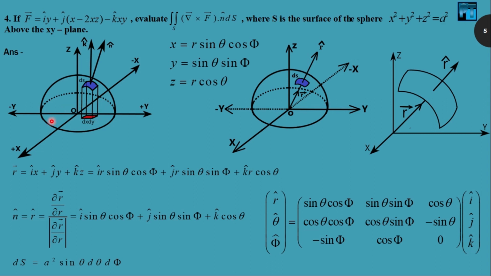That will be a tough one for calculation, and this one will be a simple one, as we only have to visualize what is the direction of n cap. N cap may have the direction of theta cap or phi cap. You only have to visualize the whole scenario based upon your question. Okay, so for our question, r cap is the outward normal, the n cap.